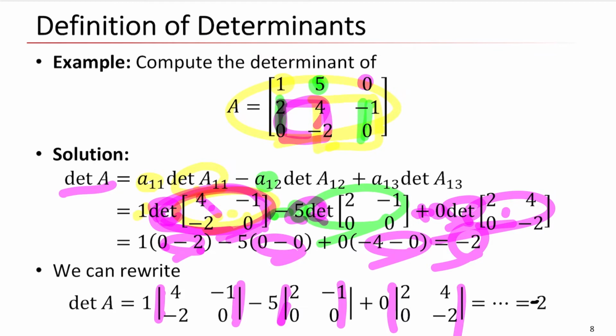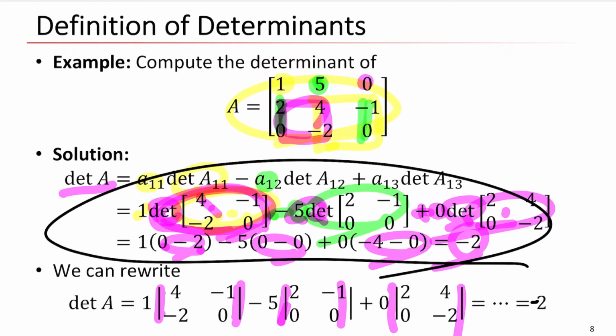Using a similar way, we can compute the determinant of a 4x4 matrix, 5x5 matrix, 6x6 matrix, something like that. But it might be labor intensive, or tedious, to derive every step, because there are so many operations here.